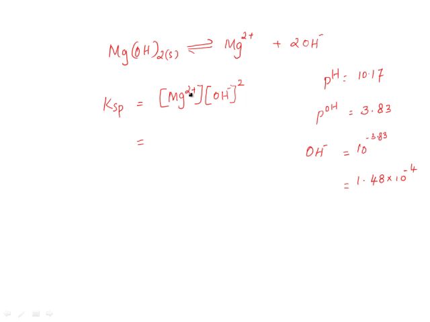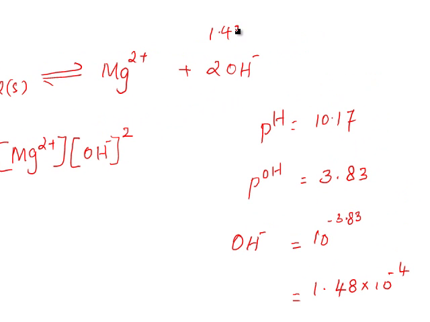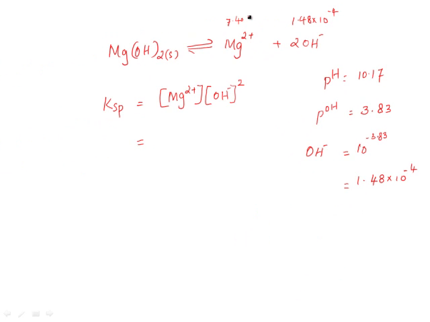If you look at the way for calculating Mg2 plus, 1 Mg2 plus for every 2 OH minuses, right? So let's say in the solution, this is 2 OH minus, that concentration is 1.48 into 10 to the power negative 4. So what will be the concentration of 1 Mg2 plus? Half of that, which will be 7.40 times 10 to the power negative 5.